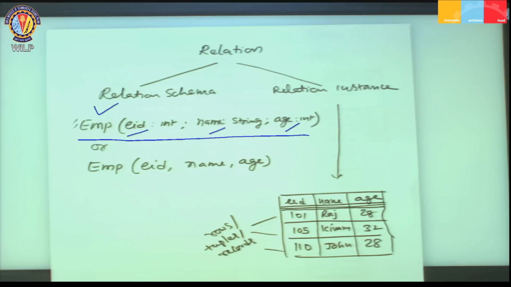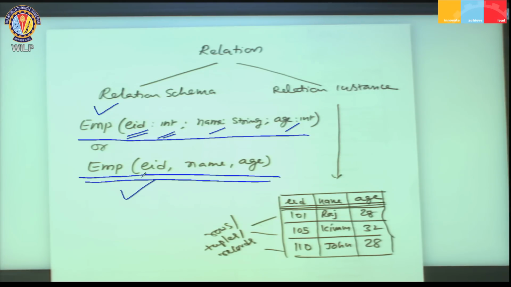This is called the schema for the relation. Here, along with the attributes, we have also specified the data type for each field, but for the sake of brevity, we can avoid the data type and simply represent a relation schema like this, which is also valid.